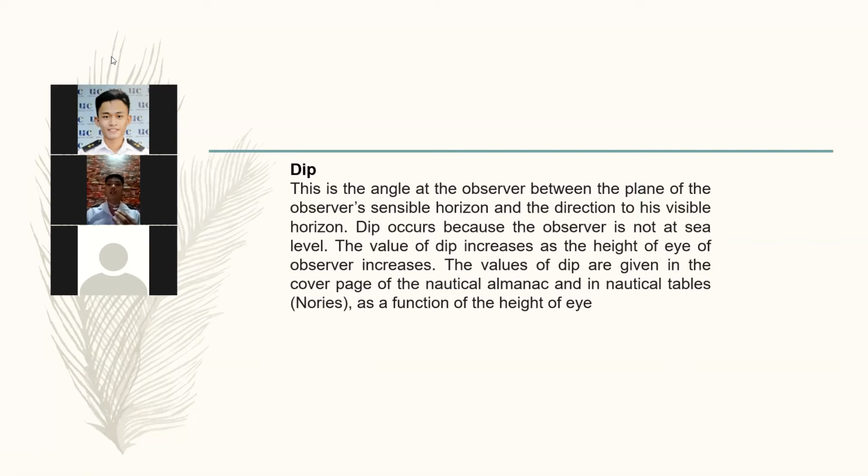If you look at the observer's height level, the angle from the horizon toward the star and the angle from the eye toward the star are different. The visible horizon is dip below the true horizon, so the altitude measured at E, from the eye to the star, is greater than that measured at O. That is how dip happens. As I said, it is a correction that has to be made to the sextant altitude to allow for the height of the observer's eye above the horizon. So next slide please.